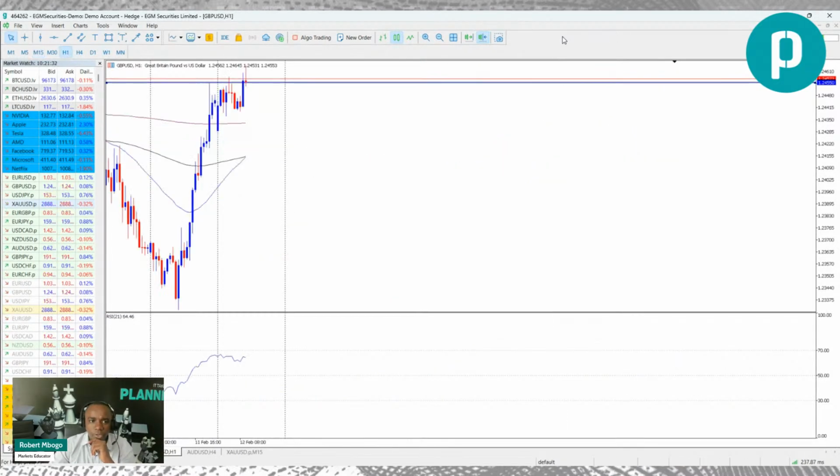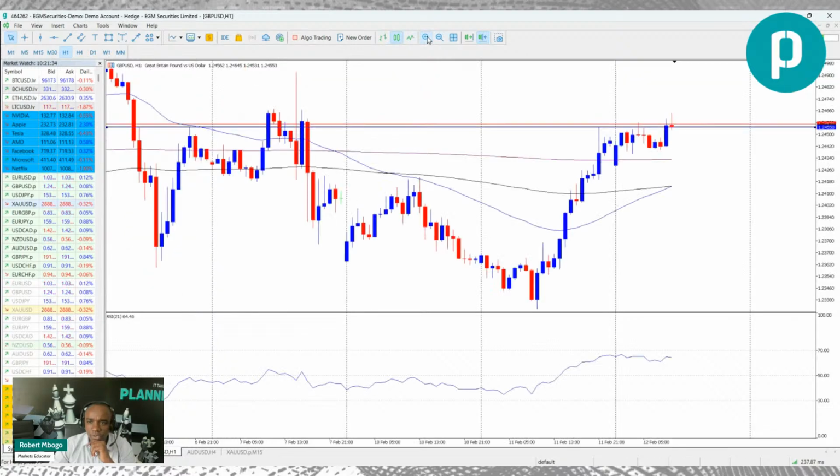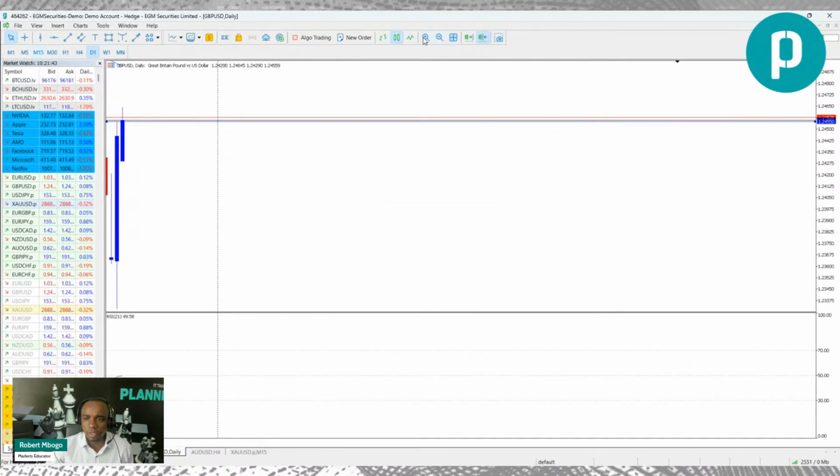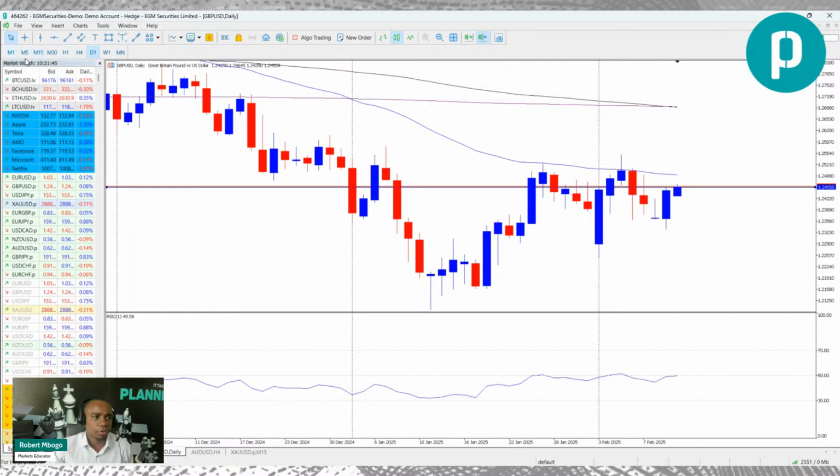If you look at it from H1, you can see the wicks. You can even see a shooting star, so it seems like sellers want to short GU. However, I will still want to see GU take a bullish move, maybe to this high, 24.87, before going short.